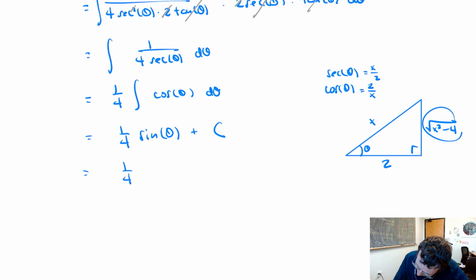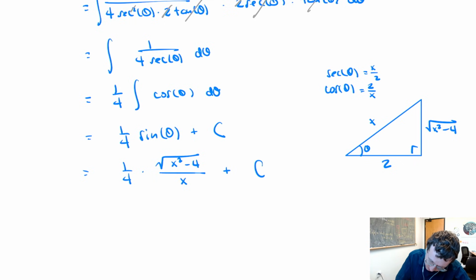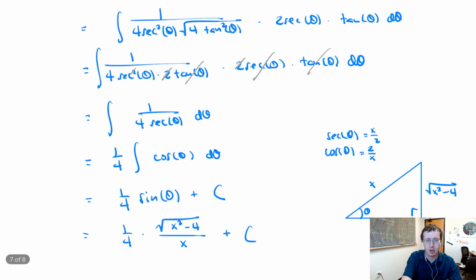It's opposite over hypotenuse. So root x squared minus 4 over x. And that is the integral. I'm definitely double checking this one. Yep.